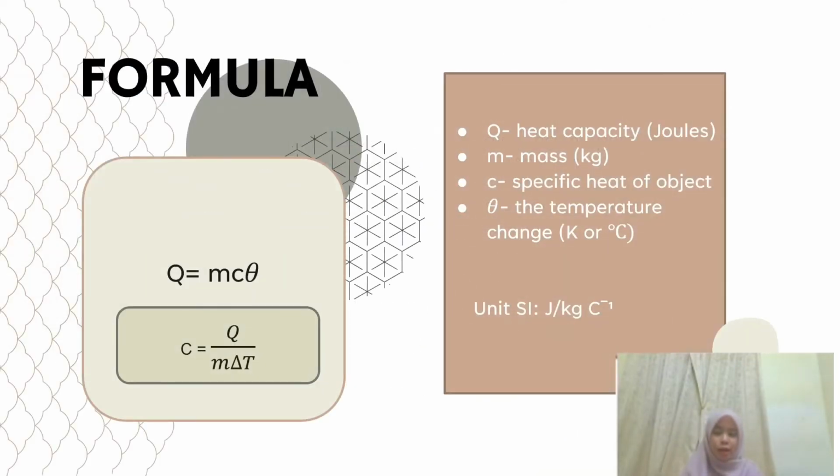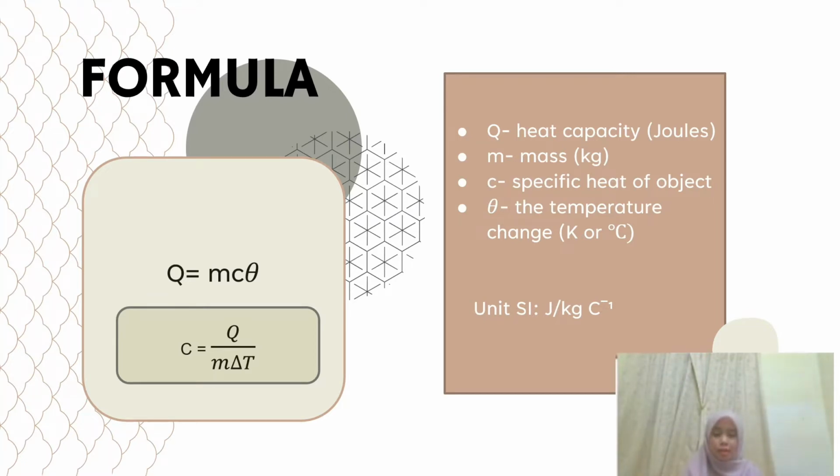Next, as you can see on the screen, I have provided the formula of heat capacity, which is Q equals mc theta, where Q is the heat in joules, m is mass in kg, c is the specific heat of the object, and theta is the temperature change in Kelvin or degrees Celsius.